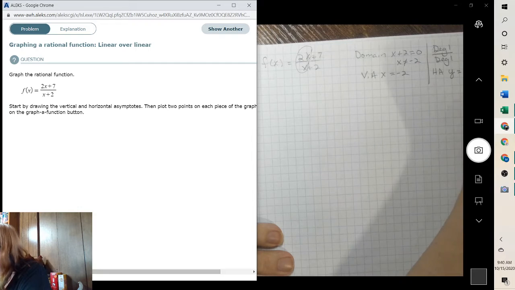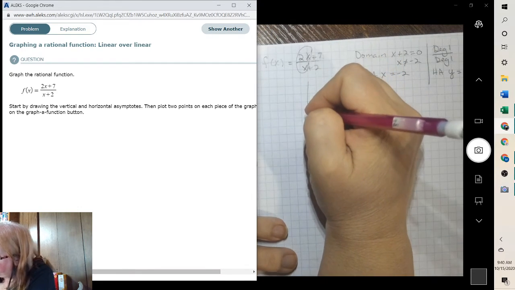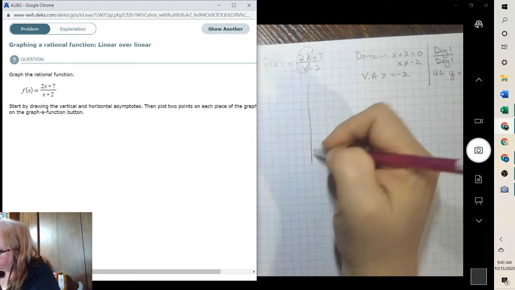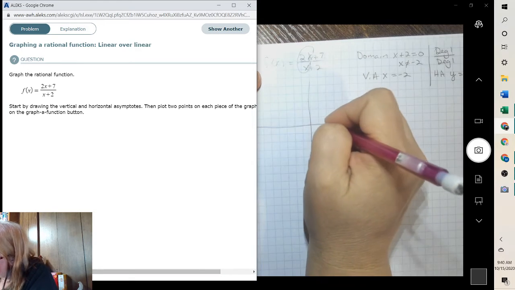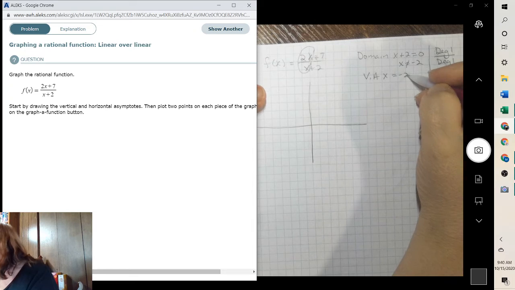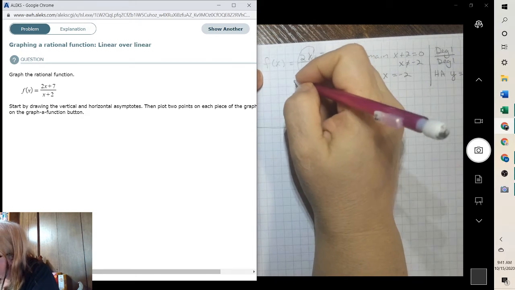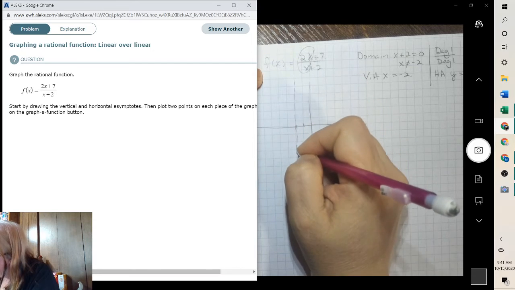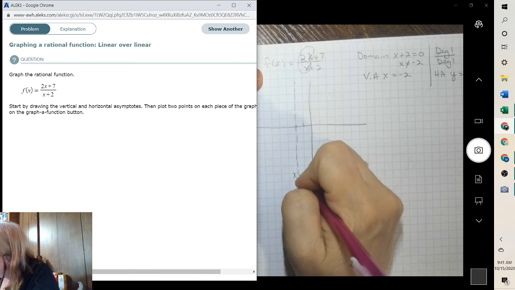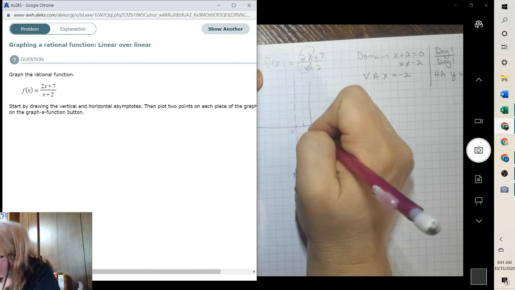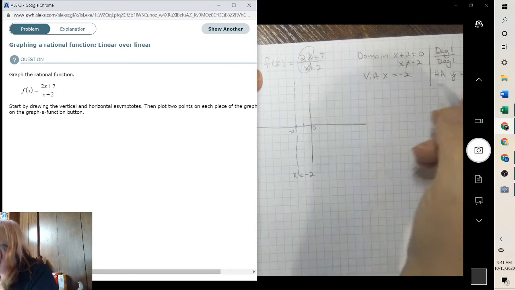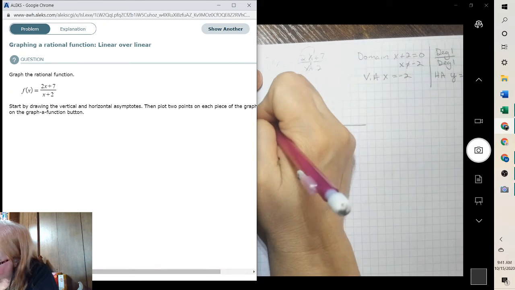The x's cancel and leave 2. So vertical at -2, horizontal is at +2.